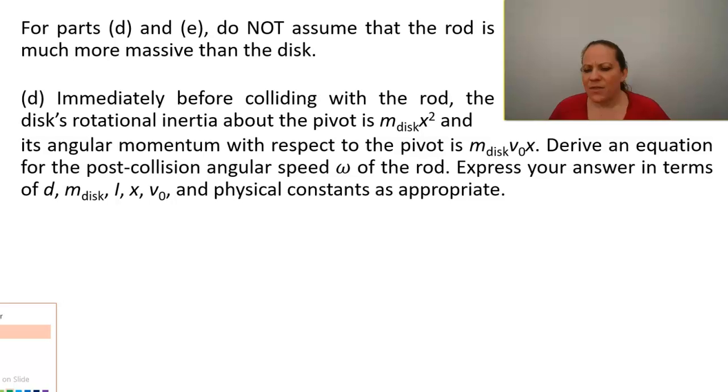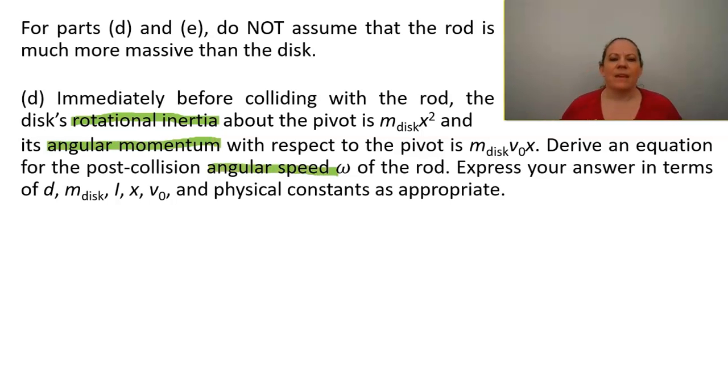So, things that are cluing me into the approach that we want to take. I'm going to highlight some stuff, but I want a different color. We're talking about rotational inertia, angular momentum. We're asked about angular speed. So this is suggesting to me that we're going to talk about conservation of angular momentum.